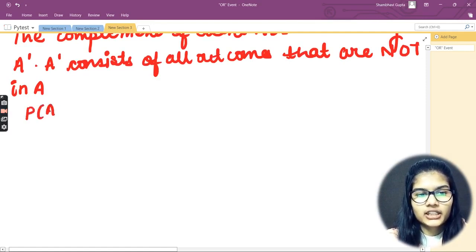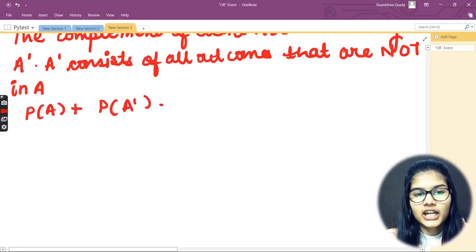The probability of A plus the probability of A prime is equal to 1. This is one thing we have here: probability of A plus probability of A prime is equal to 1.